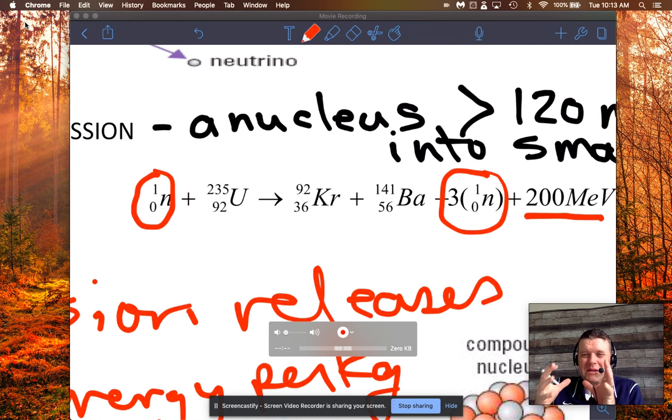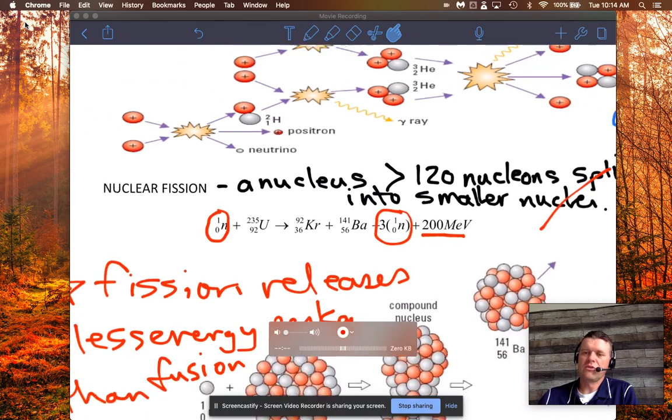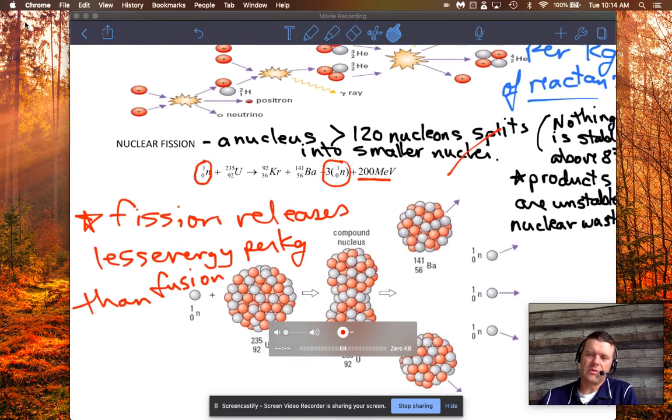But you need a really big element to start with, and then that breaks up. So per kilogram of mass, you actually get much less energy released. So fission is attractive because it's relatively easy to do.